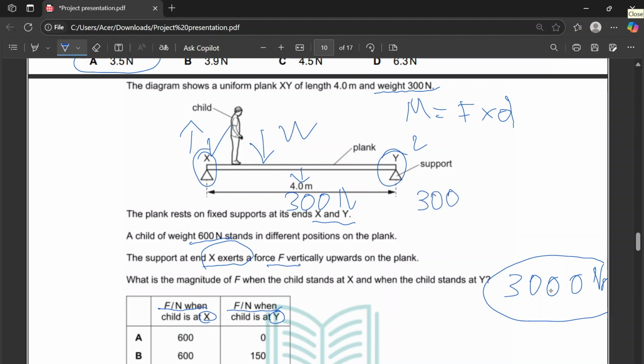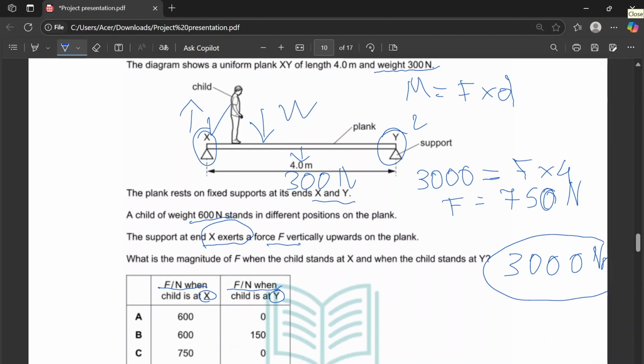We will just use this formula: 3000 is equal to force times 4, because the distance from the pivot is 4 meters. So then the F will be 750 newton.